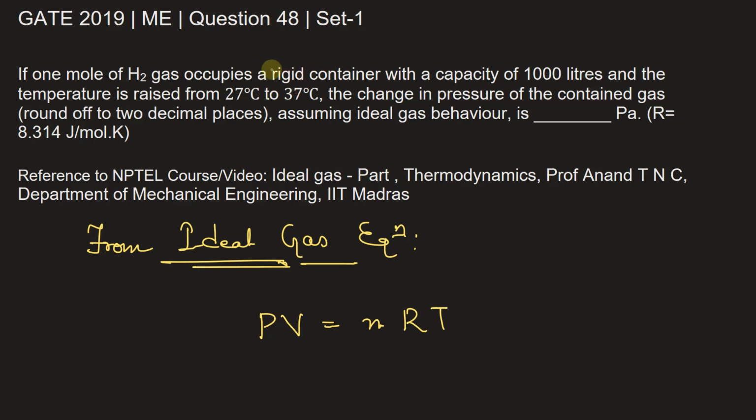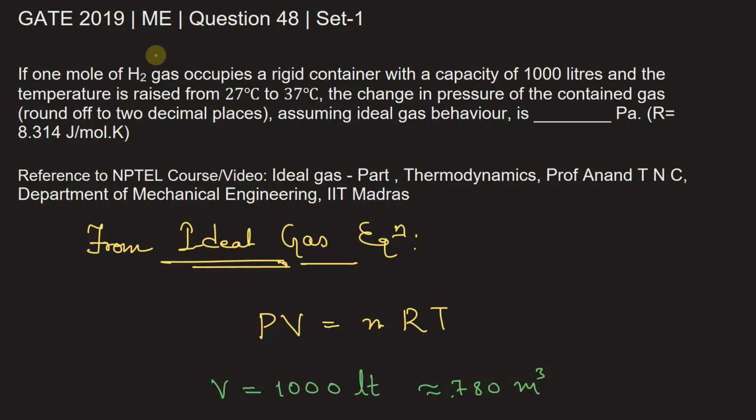The rigid body means the volume of the container will not change. So the volume given here is 1000 liters. Now liter is not the SI unit of volume, so we will convert it into meter cube. But for hydrogen gas, the actual conversion will be around 0.780 meter cube.